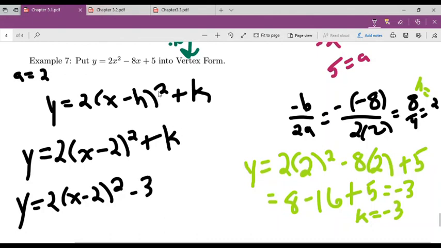And that is the same equation. Don't believe me? Type both of them into your calculator. You can let this one be your y1, let this one be your y2, and they should graph out to be the exact same line. If not, send me an email, let me know I was wrong. I'm pretty sure I'm right, but it wouldn't be the first time I was wrong because everybody makes mistakes.